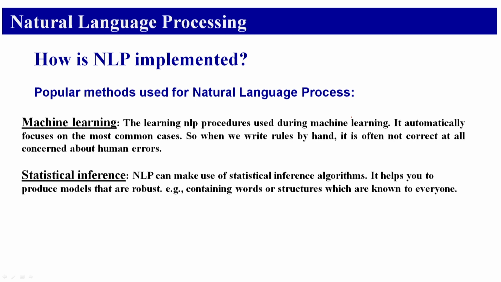And statistical inference is basically an algorithm. It helps you to produce models that are robust, containing words or structures which are known to everyone. The models must be robust. That is what is called statistical inference. We cannot use just any models to implement NLP, because that will not work. So, therefore, containing words or structures which are known to everyone is very important.